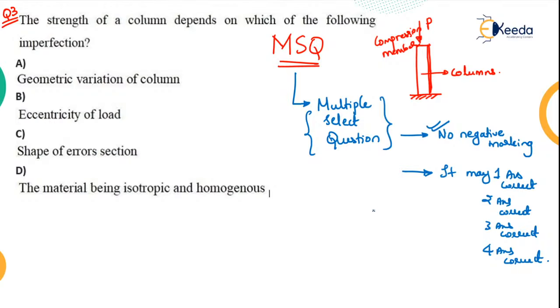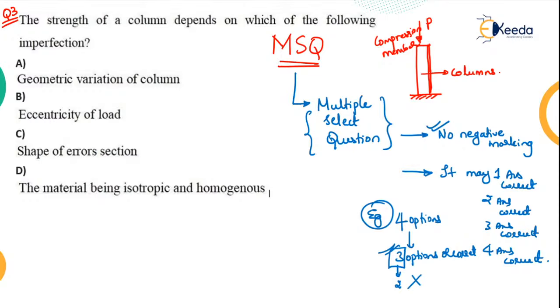For example, say out of four options, three options are correct for a particular question. If you choose only two out of these three, you will not get marks. You have to choose all three, only then you will get your marks. So this is all about the multiple select question for the people who don't know.